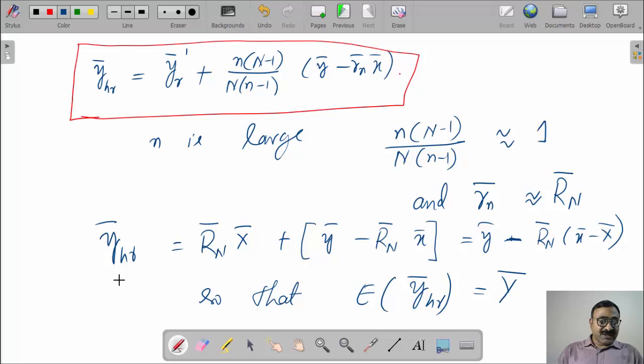So the Hartley-Ross estimator is a ratio type estimator which is almost unbiased for estimating the population mean y bar. Now we have to find the variance of this Hartley-Ross estimator y HR bar.